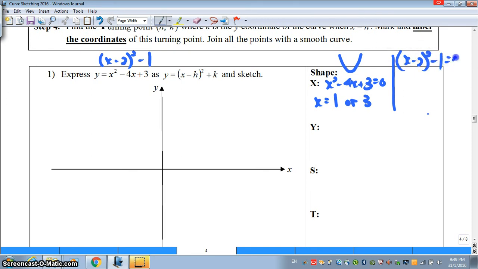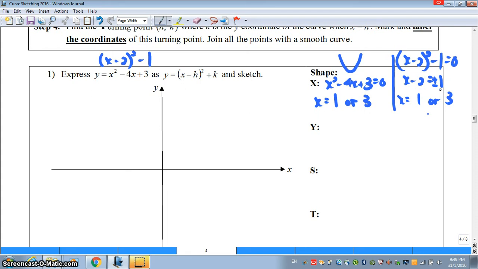If I were to use my answer to solve it, you notice I will get x is equal to 1 or 3 as well. So there are two ways you can actually solve for it, but I'll prefer the first method if the original quadratic function is given to you rather than to make use of the answer from completing the square.